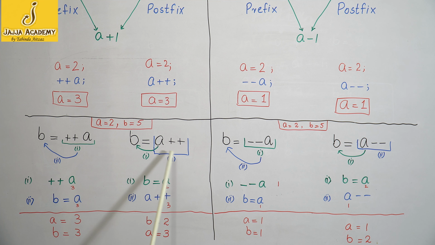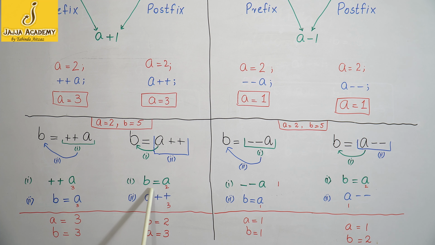In the first step, a was equal to 2. So 2 will be assigned to the variable b. b is equal to a and a is equal to 2. So 2 will be assigned to b. Now the value of b will be updated to 2.